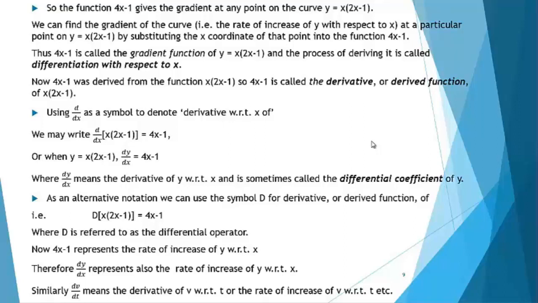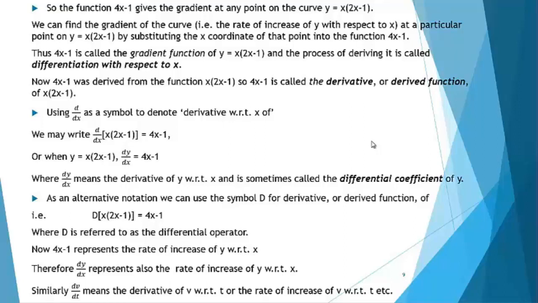Or when y = x(2x − 1), dy/dx = 4x − 1, where dy/dx means the derivative of y with respect to x and is sometimes called the differential coefficient of y. As an alternative notation, we can use the symbol D for the derivative or derived function of, that is, D of x(2x − 1) equals 4x − 1, where D is referred to as the differential operator.